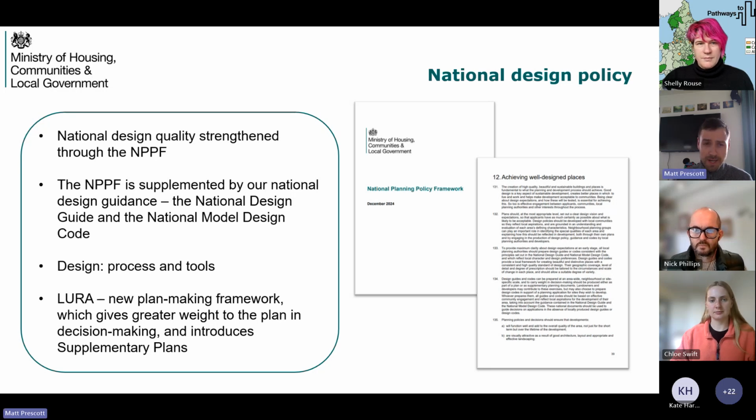I should also highlight that there is additional planning practice guidance on design, the design process and tools, which provides further guidance on integrating design in plan making, tools to support decision taking, and also the role of community engagement in the design process.